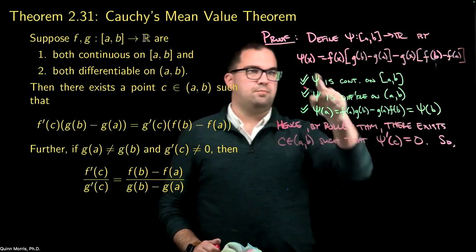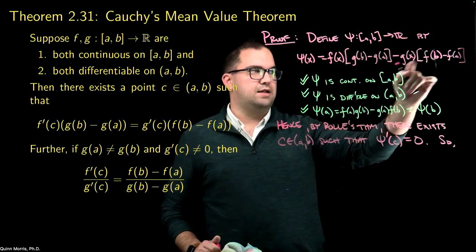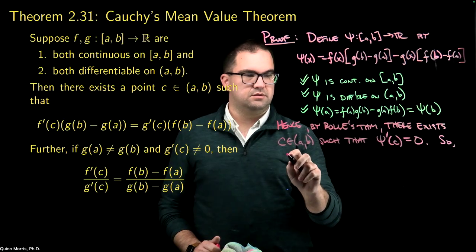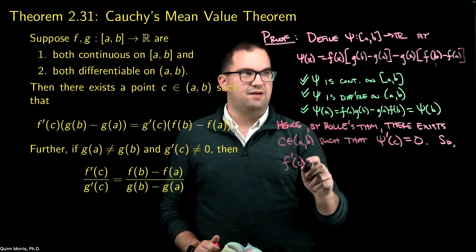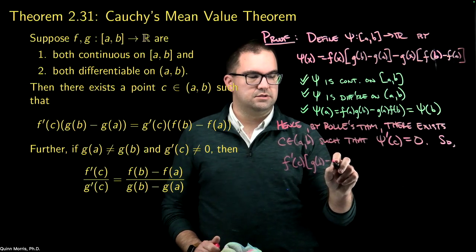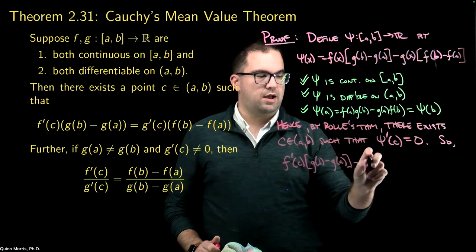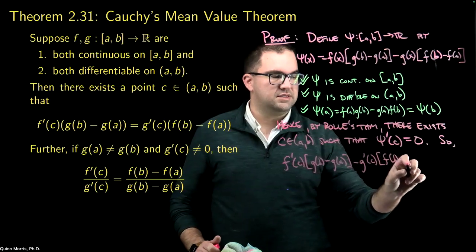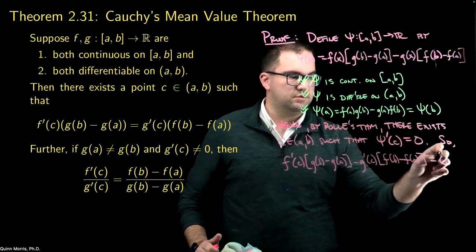Well, okay, what's psi prime? That's just f prime here, that's a constant, minus a g prime here. So psi prime of c is f prime of c times g of b minus g of a, minus g prime of c times f of b minus f of a, and that is psi prime of c, so that's equal to 0.